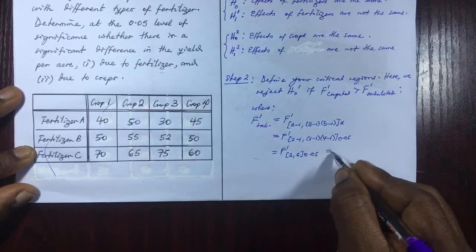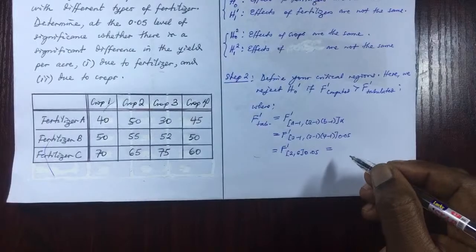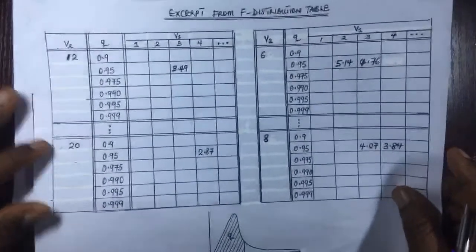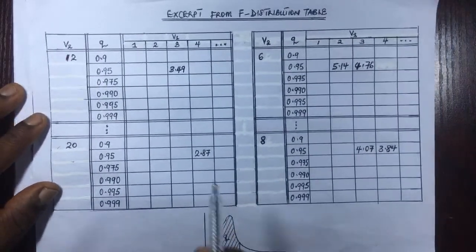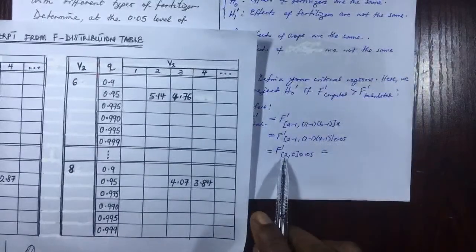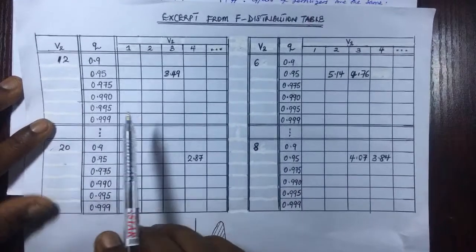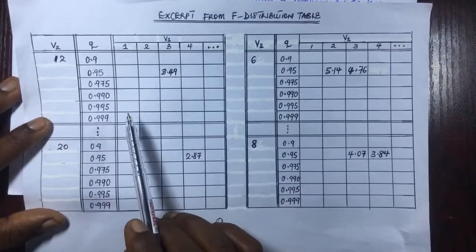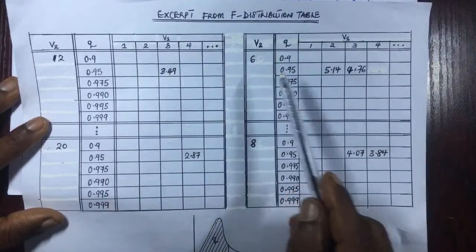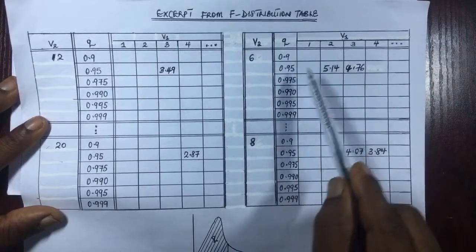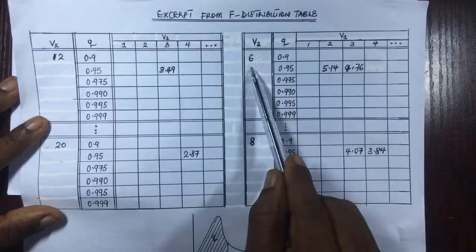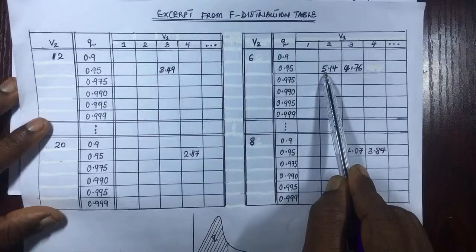Now, if you check out this value in your table, like I've done, that is 2, 6, 0.05. So this is an excerpt from my F distribution table. Now, this is 2 at 0.95 under 6 is 5.14.